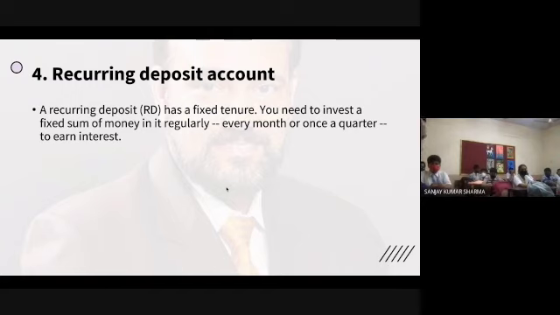The tenure would be there, like every month they are depositing 5,000 rupees, right? And for how long? For 3 years, 4 years or 1 year, whatever you like. So the period is fixed, the amount is fixed, but you are depositing it in a recurring nature. It is taken every month or every quarter. In this way you are depositing, then we call it a recurring deposit account. Clear?